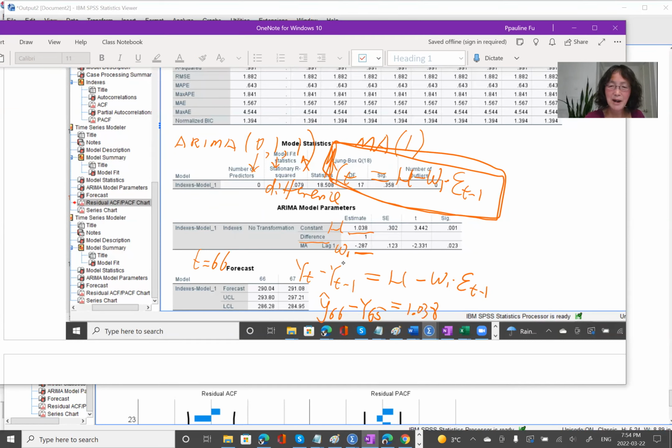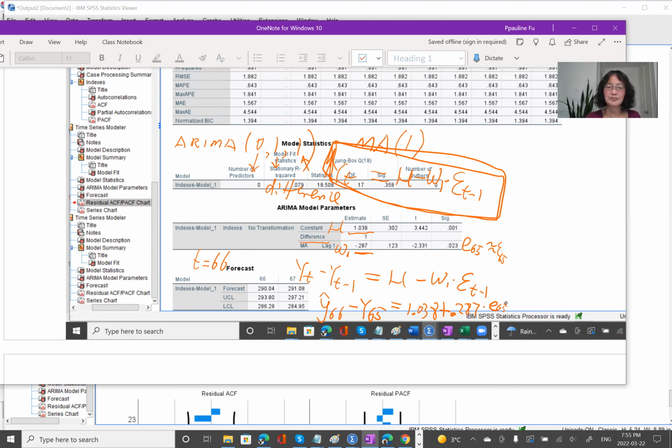So minus negative equals plus positive 0.287, and then times epsilon t minus 1. Remember, the error for the sample is e, and for the population it is epsilon. So we can use the sample e65 to estimate epsilon 65.